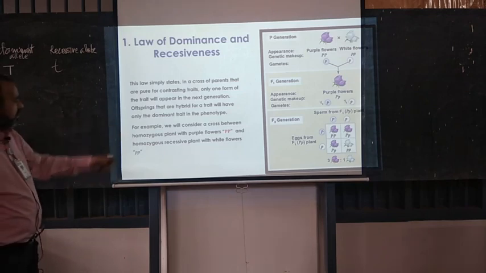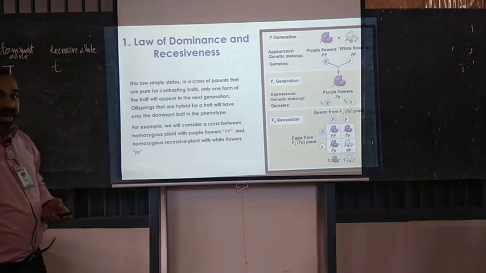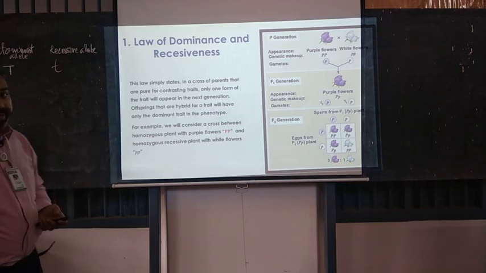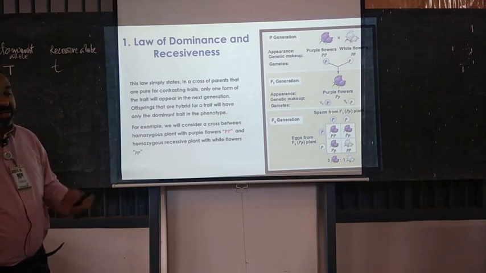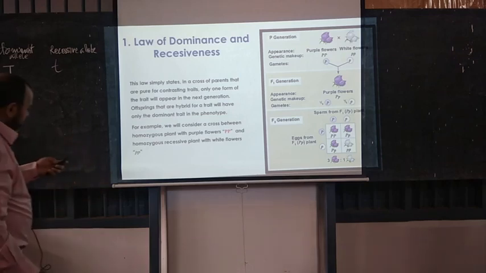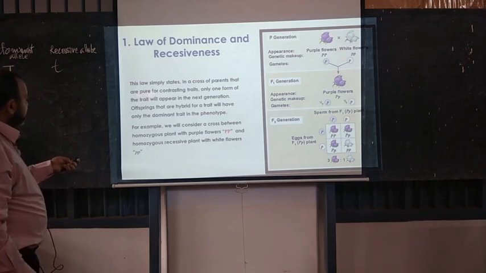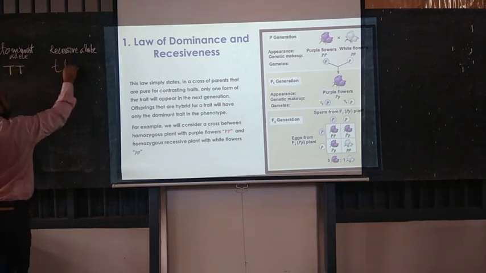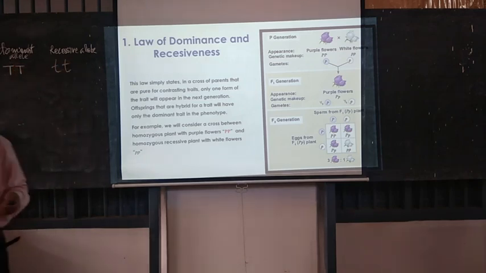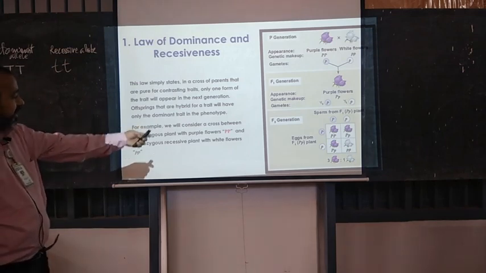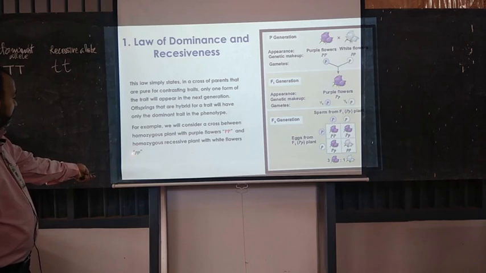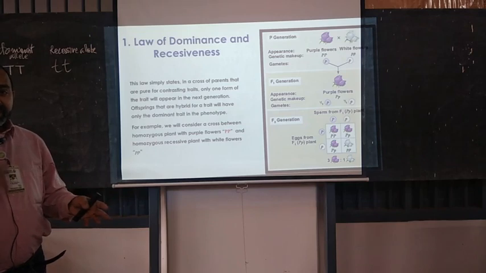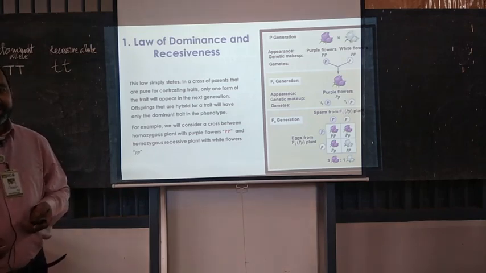Here in the example I have given the color of the flower as purple, capital P, and the white flower as small p. In the pure pairs, that means both the alleles are of the very same type, that is capital T capital T, or small t small t, or here capital P capital P. That is the homozygous condition for both the dominant allele as well as the recessive allele.